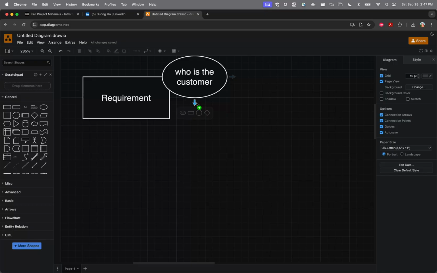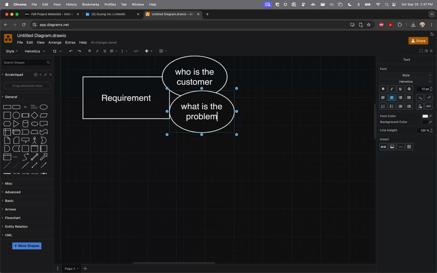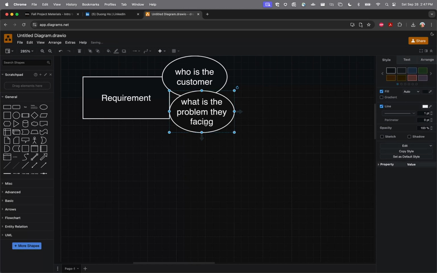After you know who the customer is, know what problem they're facing. Okay? From knowing the problem they're facing, you would be able to know what you need to build to help them. And sometimes, from knowing the problem they're facing, you will actually be able to advise them on what should be done.